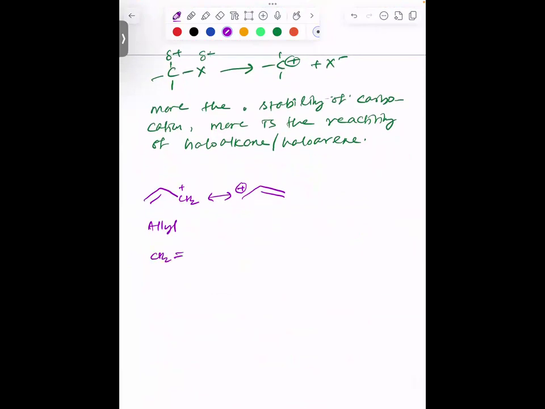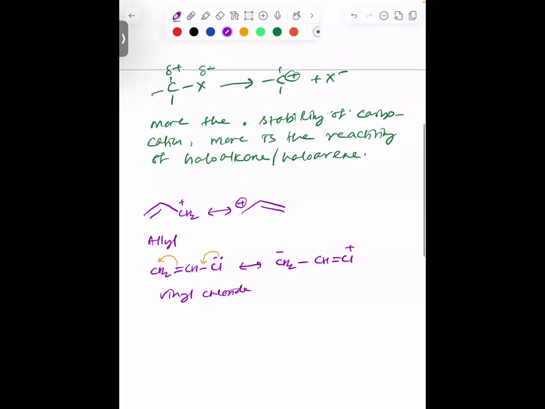Then next, see, here this is vinyl chloride. In vinyl chloride, carbon halogen has partial double bond, so it is difficult to release. Understood? Quickly note it down, students.